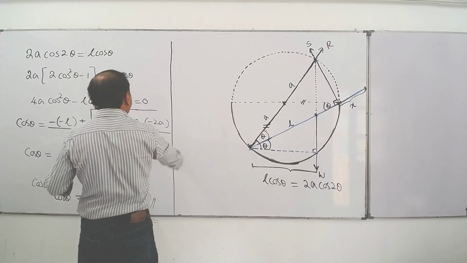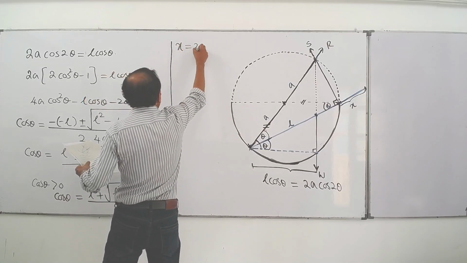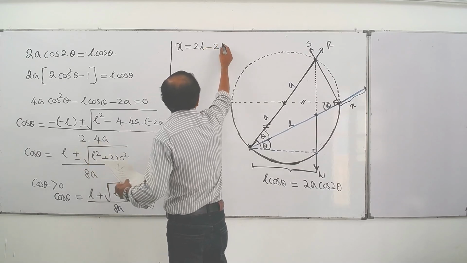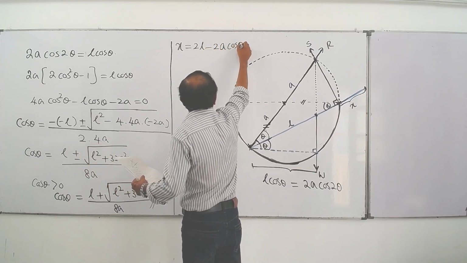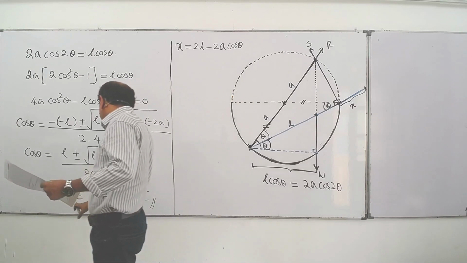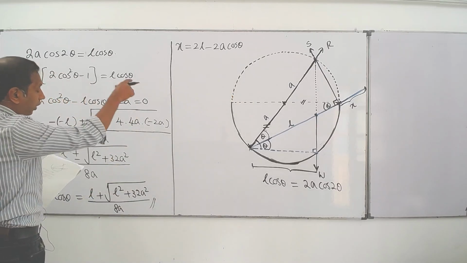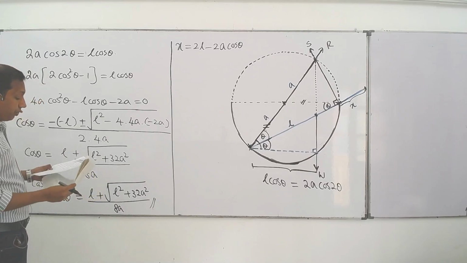x equals 2L minus 2A cos theta. Cos theta is this now, so we can put that there and then you get the next answer.